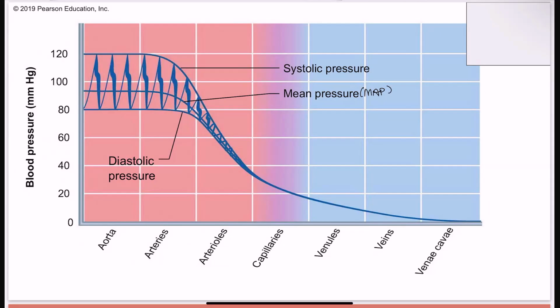So back to blood pressure. Blood pressure, remember, is just the pressure that pushes against the vessel walls. What we're looking at on this graph, we can see generally that arteries have a higher blood pressure compared to all the other vessels. That's really important because arteries have a lot of pressure, but then they need to supply blood to all of the body because they branch and they branch.